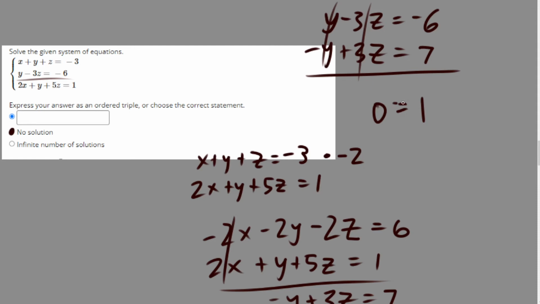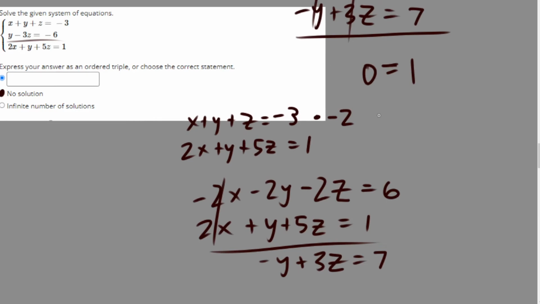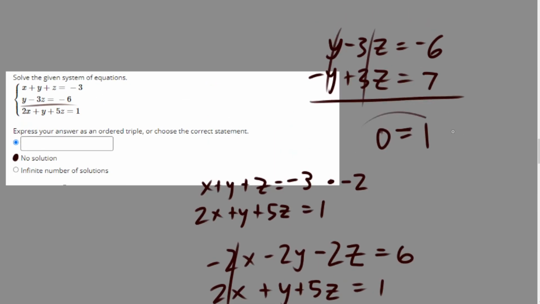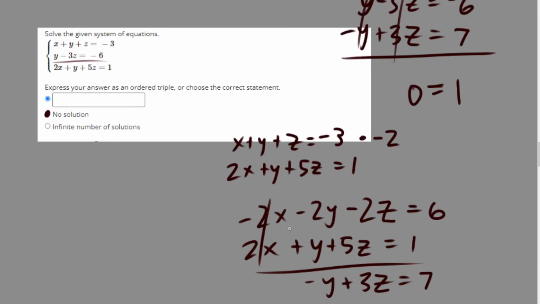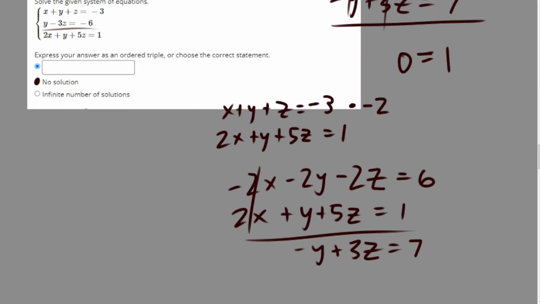The reason why is because 0 does not equal 1. So if you come into a dead end like that, it doesn't matter what you find for other variables. If you get something that is not possible, that's going to be no solution. And as always, if you get 0 equals 0, it's going to be an infinite number of solutions. It's a little bit trickier with 3 systems of equations, though.